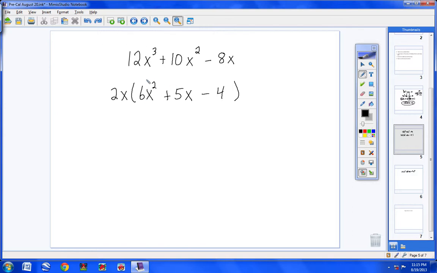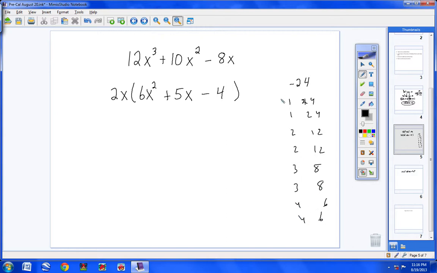Step 2, we take the product of this first number and the last number, and we write it right over here. So 6 times negative 4 would be negative 24. And we list out all the multiples. I'll go ahead and do it real quick this time. 1 times 24, 2 times 12, 3 times 8, 4 times 6.